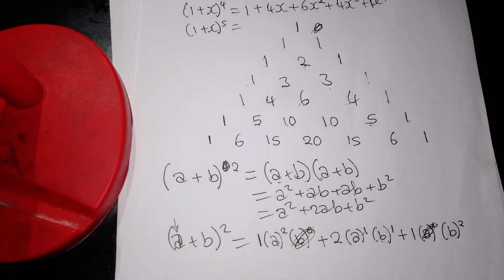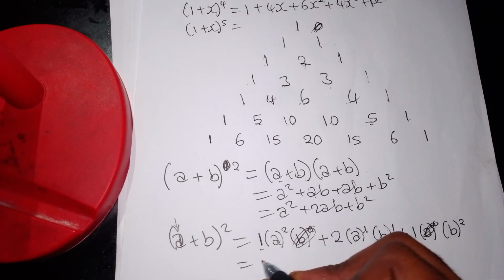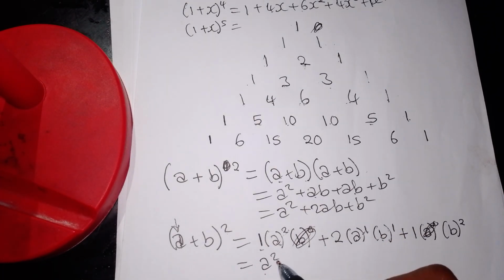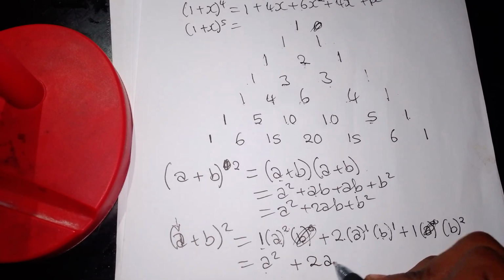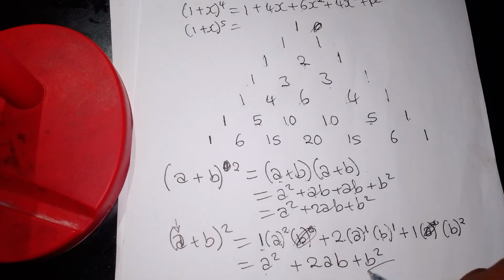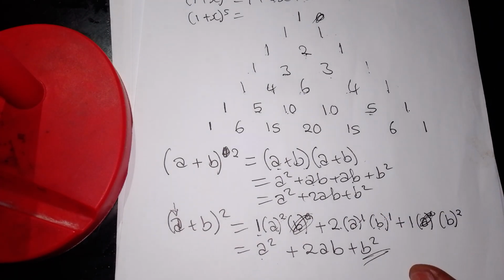Any number raised to the power 0 is 1. So this will simply be an a squared, because a squared times 1 is a squared. And then plus, this one will be 2ab, and then plus b squared.